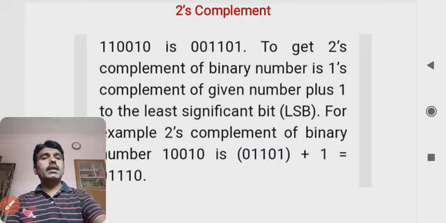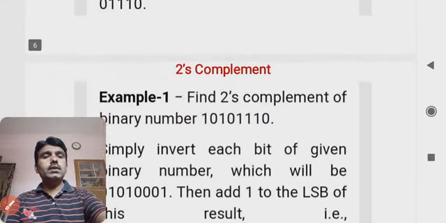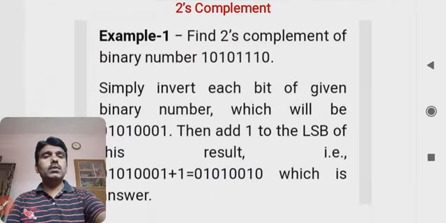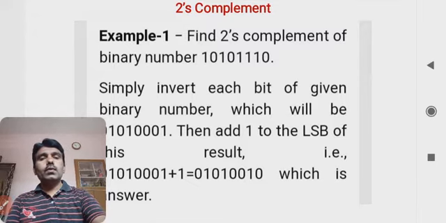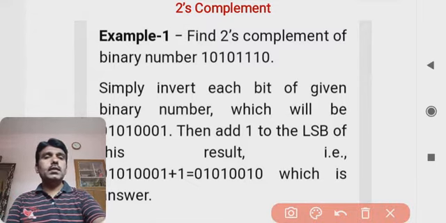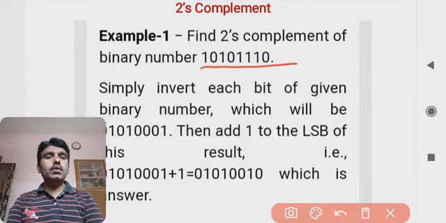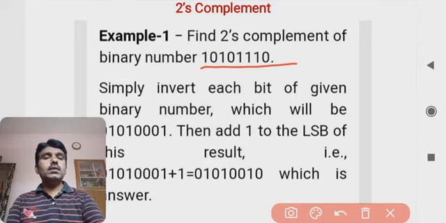So let's see another example to understand clearly how the 2's complement works. Here is another example, which contains 1 0 1 0 1 1 1 0. First get the 1's complement of this.